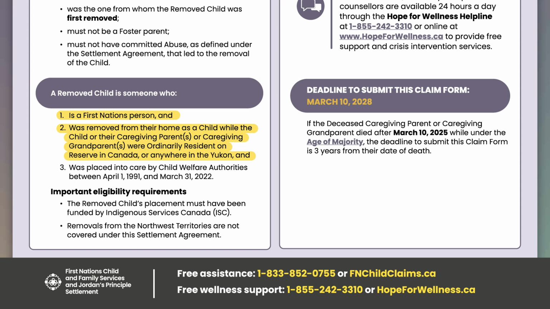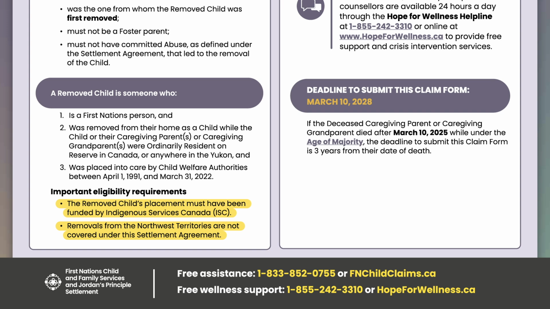A removed child is also someone who was placed into care by child welfare authorities between April 1, 1991 and March 31, 2022. The removed child's placement must have been funded by Indigenous Services Canada. Removals from the Northwest Territories and Nunavut are not covered under this settlement agreement.